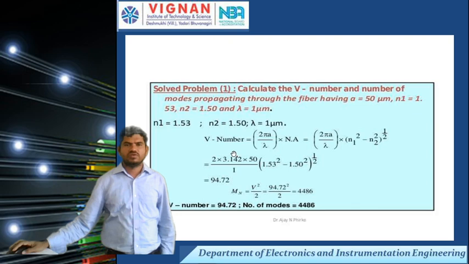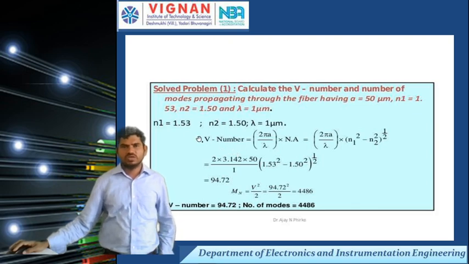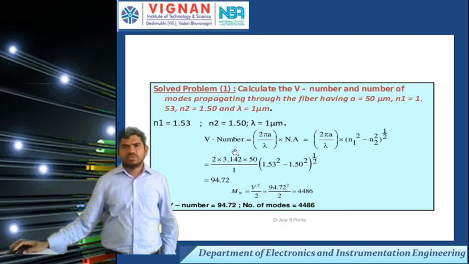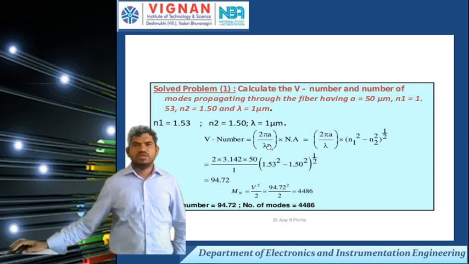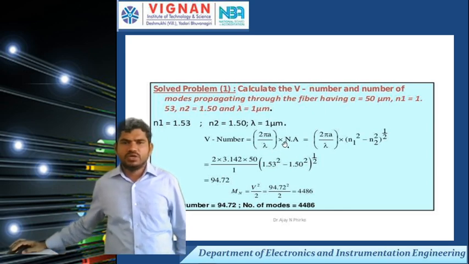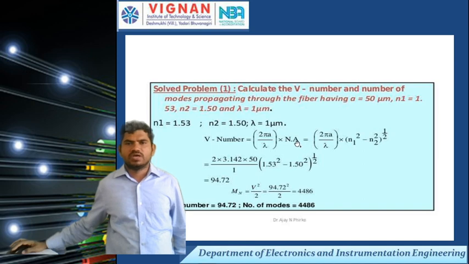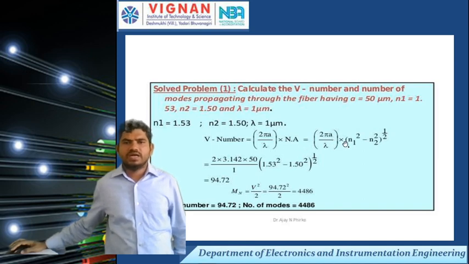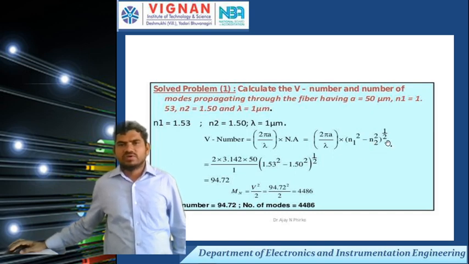First of all we have to calculate the V number. We know the formula: V is equal to 2 pi a by lambda into numerical aperture, where n1, n2 and lambda are already given. The numerical aperture is the square root of n1 square minus n2 square.